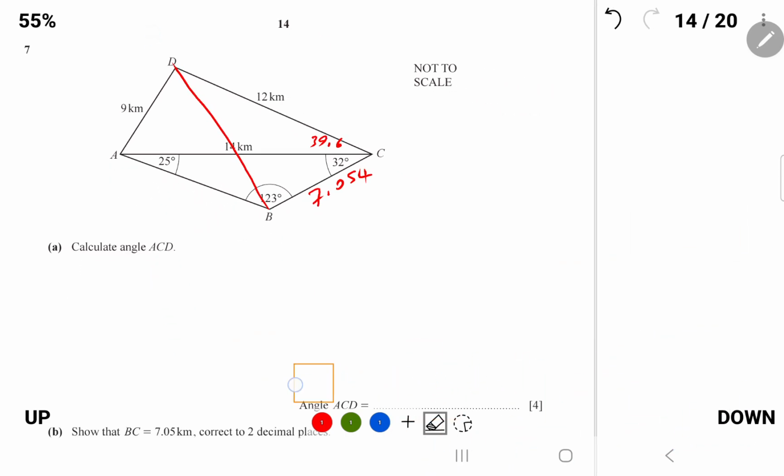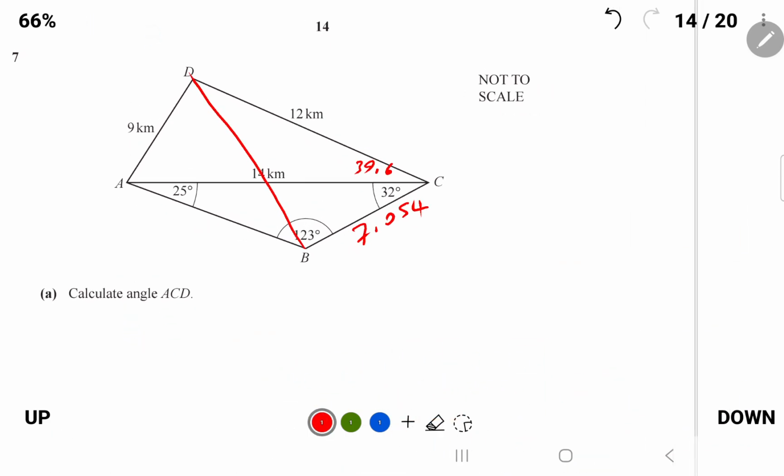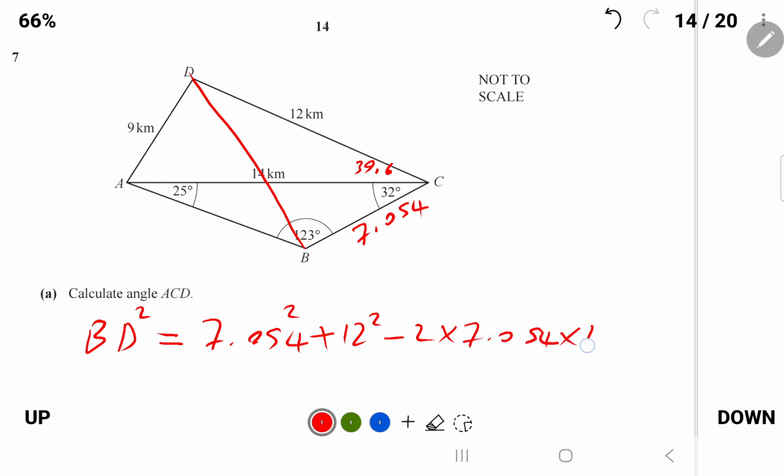So let's see what we have to do. Here you can see BD squared is equal to 7.054 squared plus 12 squared minus 2 times 7.054 times 12 times cosine.